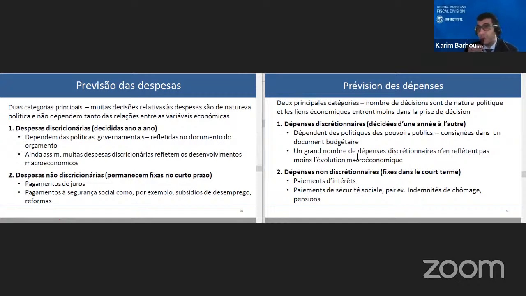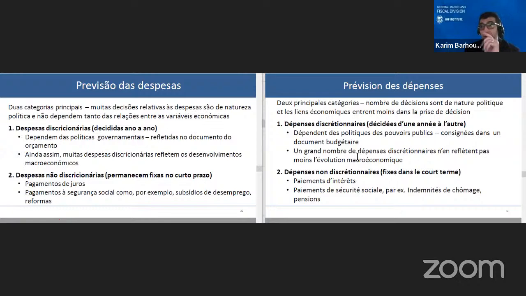On the other hand, we have the non-discretionary category, which is fixed in the short term and cannot be changed. For example, you have interest payments and social security payments, such as unemployment benefits and pensions. Here we have to distinguish between these two categories, something that we can change and something we cannot.